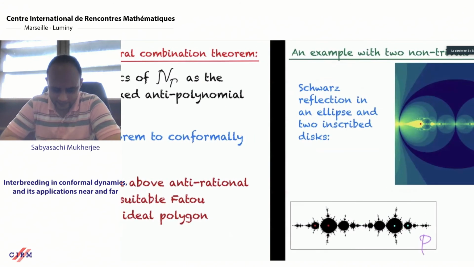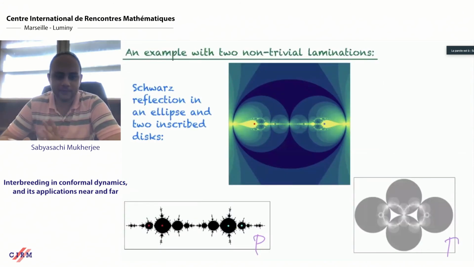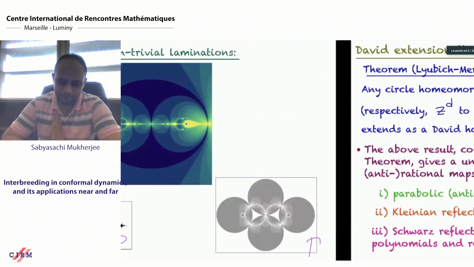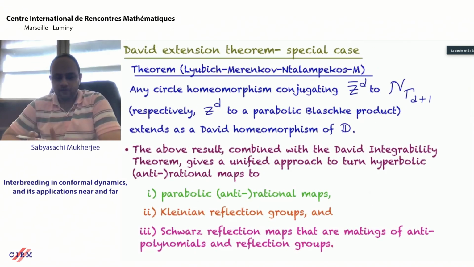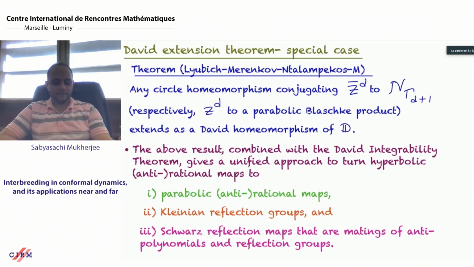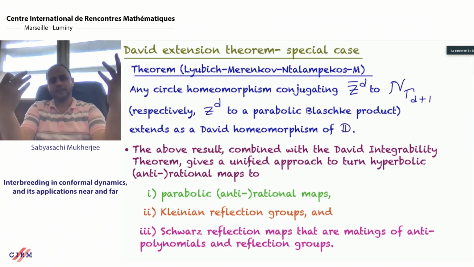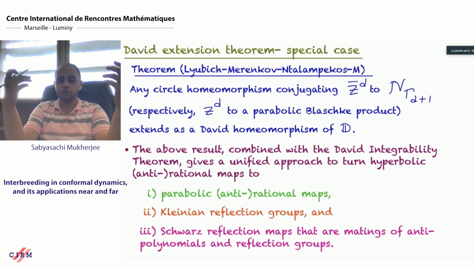And let me try to say why David homeomorphism is required here. It's a standard fact known to almost everyone here that if I wanted to replace one expanding Blaschke product by another expanding Blaschke product, I could do that in the quasi-symmetric category by appealing to the Ahlfors-Beurling extension theorem.